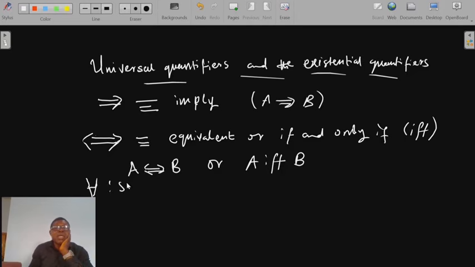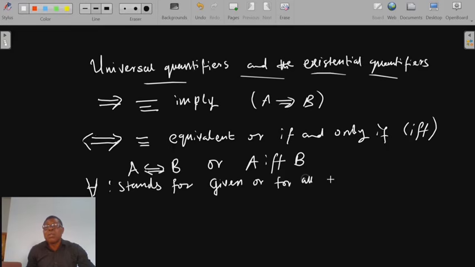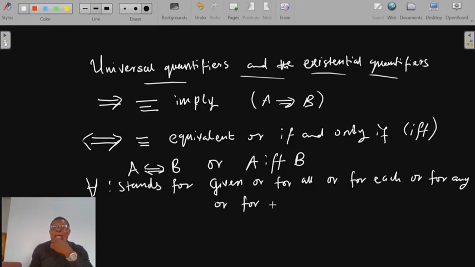This symbol stands for given, or for all, or for each, or for any, depending on the person using it, or for every.